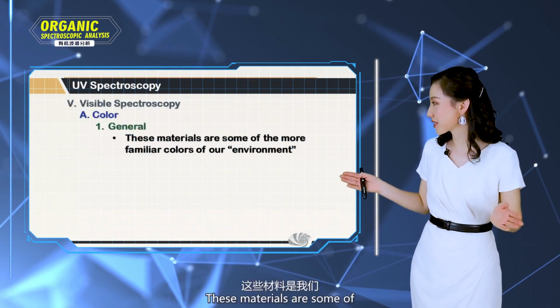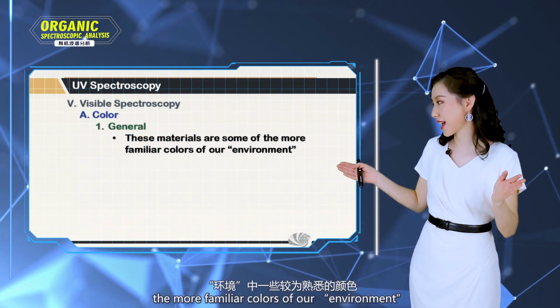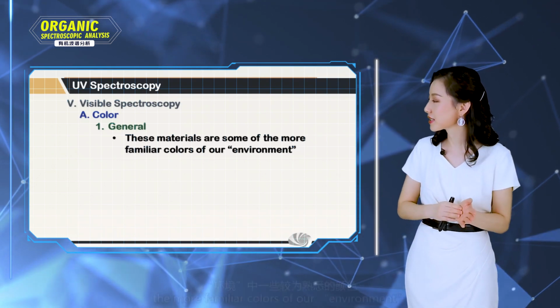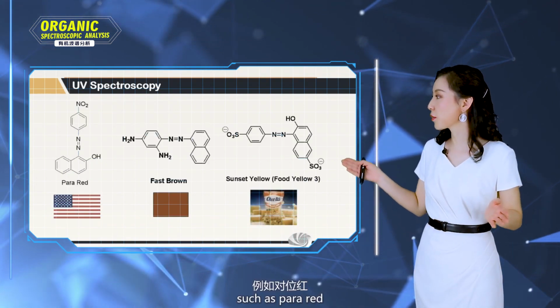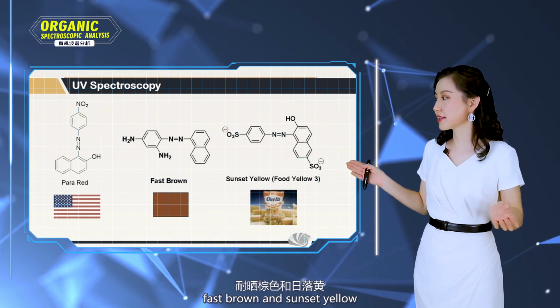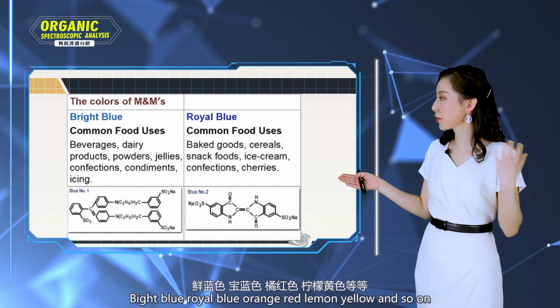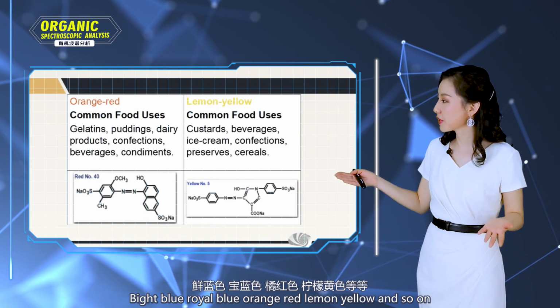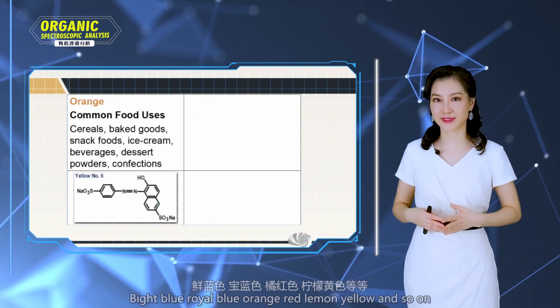These materials are some of the more familiar colors of our environment, such as pale red, fast brown, sunset yellow, bright blue, royal blue, orange red, lemon yellow, and so on.